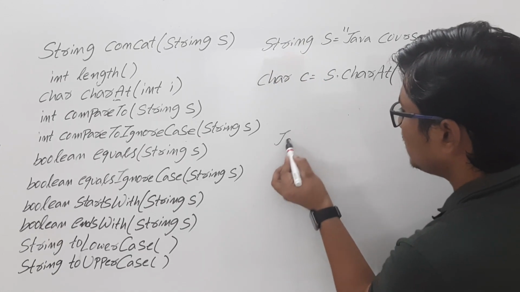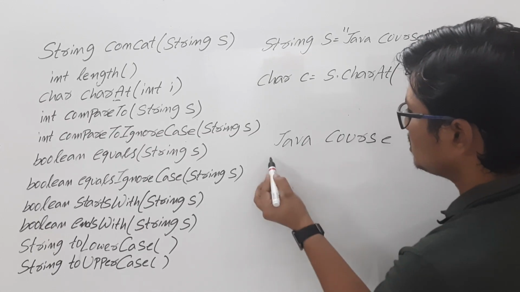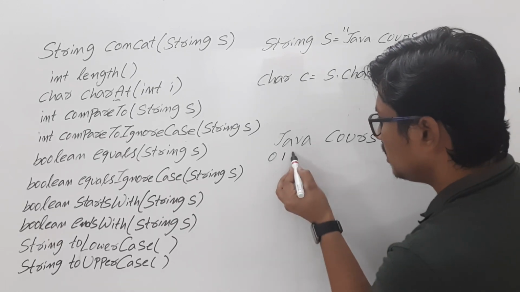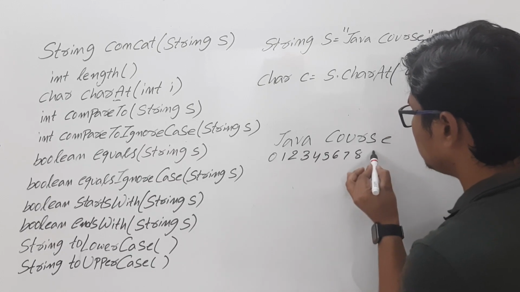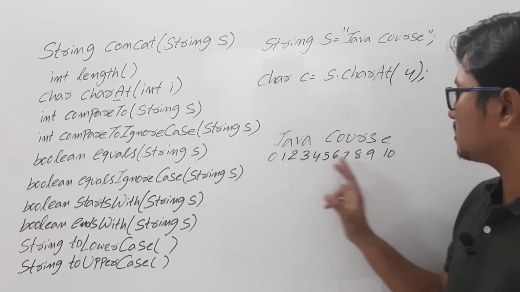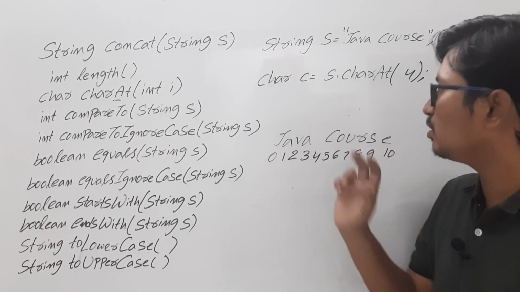So if you write "Java course", Java space course, then J is at index 0, A is at index 1, 2, 3, 4, 5, 6, 7, 8, 9, 10. It starts from the 0th index and goes up to the 10th index, so 11 characters are there including the space.